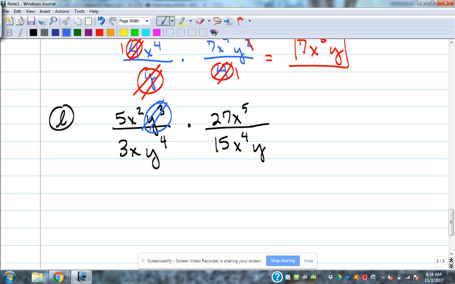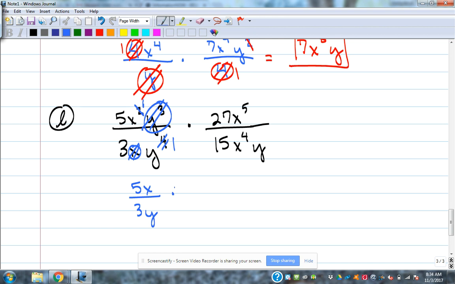So this is actually not y to the 4th anymore. It's y to the 1st. Okay. What about the x's? This one cancels out one of those, so it's x to the 1st. So we got 5x over 3y. That's what we got left for that one.